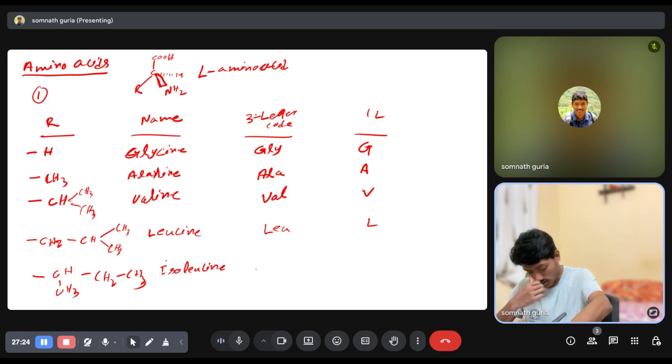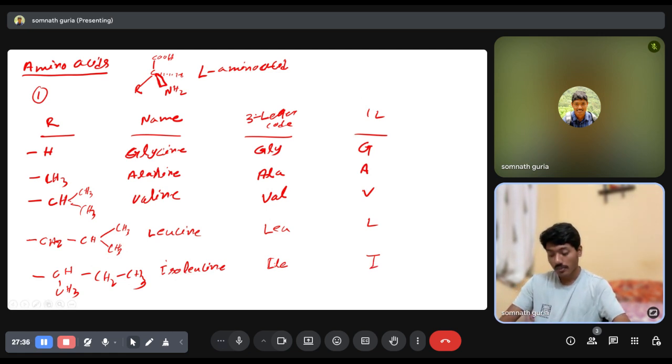Three letter code is ILE. One letter code is I. Okay, fine. Now we have introduced the aliphatic groups.